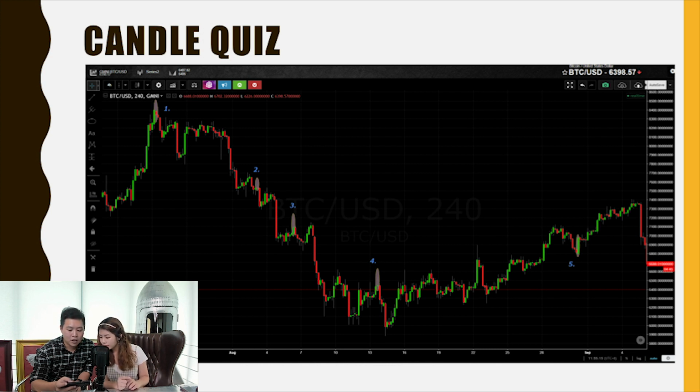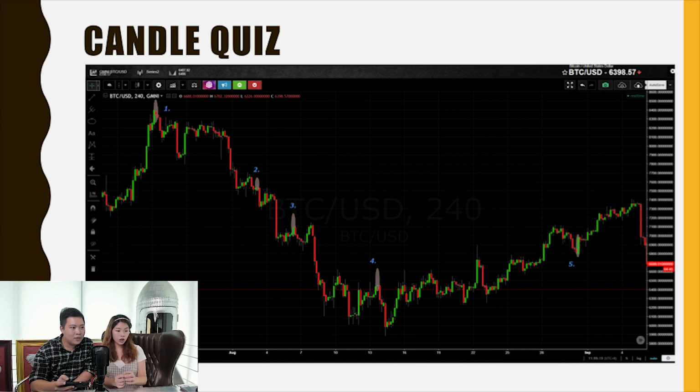Fake inverted hammer, because one of the wicks is not twice the length of the body. That's why it's not a hammer. So spinning top, doji, not a real hammer.